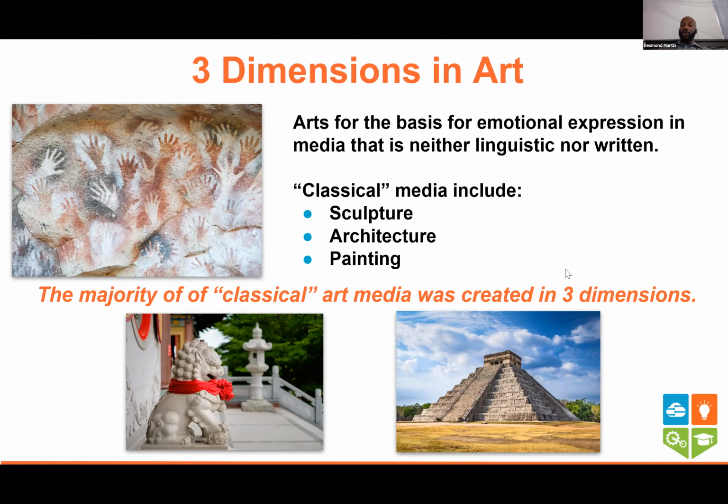The first is sculpture, taking some media and carving that into a different shape, changing the shape. The second is architecture, the buildings that we build, the structures that are either going to have human interaction or even no human interaction. This is monuments, memorials, tombs, houses.